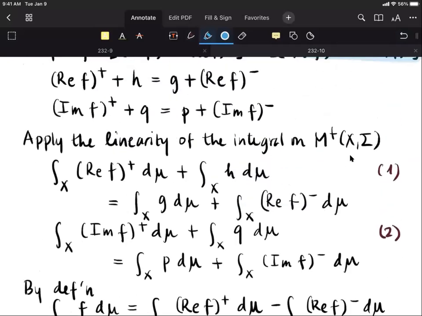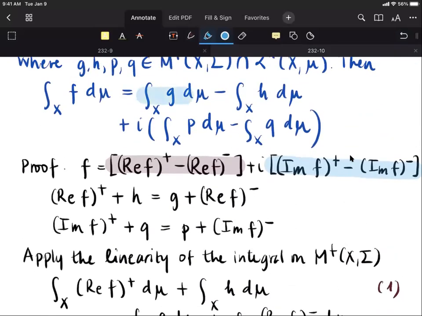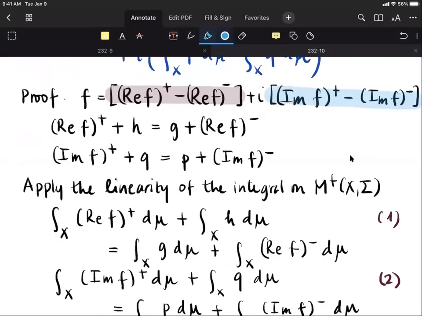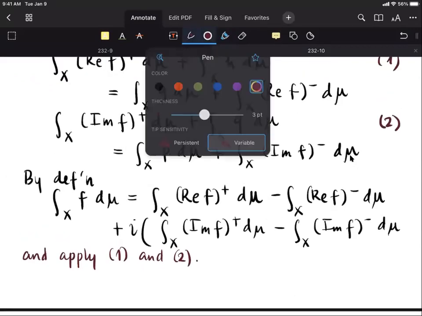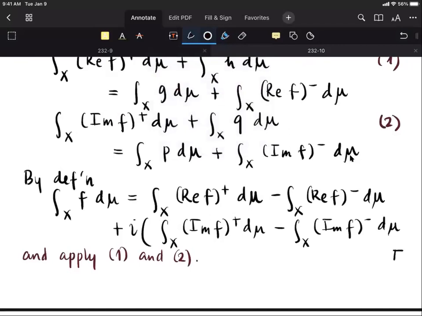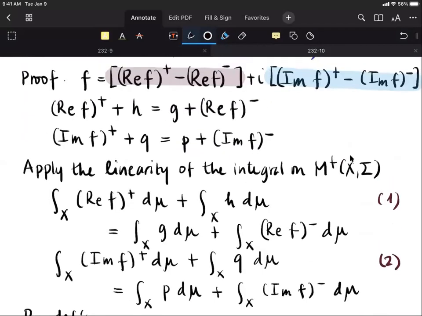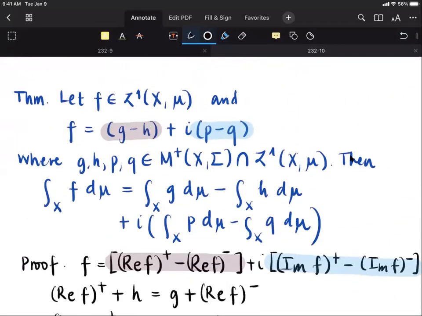So you will get this real part here. And you do that as well for the imaginary parts. Okay, so if you can write f in this way, then you can also use this to calculate the Lebesgue integral of f.